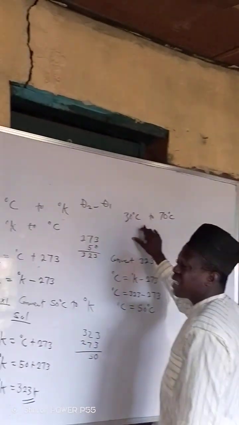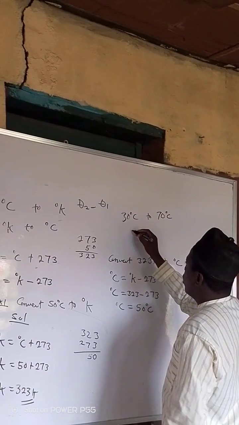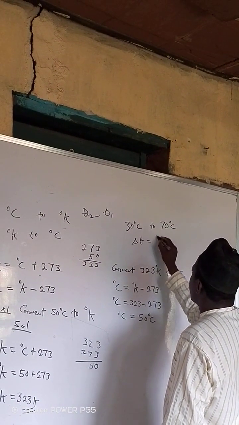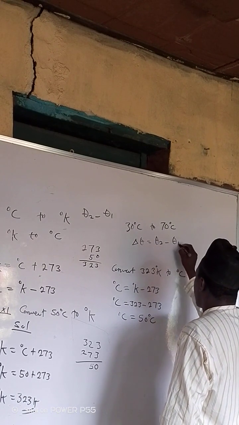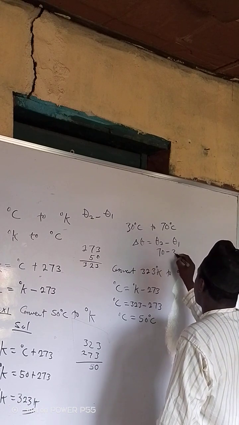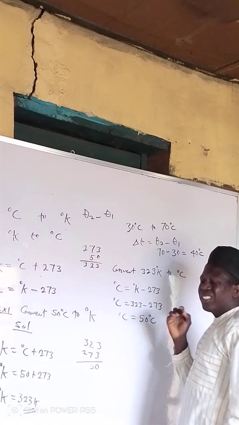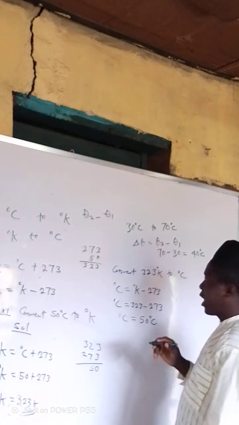Don't forget that our question said we should leave our answer in Kelvin. Change in temperature is equal to theta 2 minus theta 1. Theta 2 is 70, minus theta 1 which is 30, which is 40 degrees Celsius. And the question said that we should leave our answer in Kelvin.